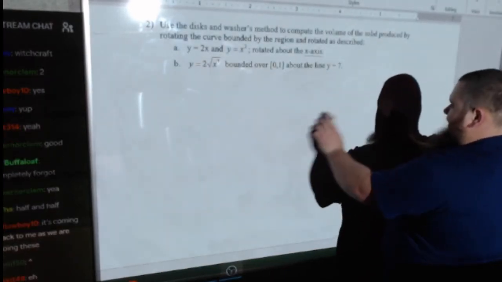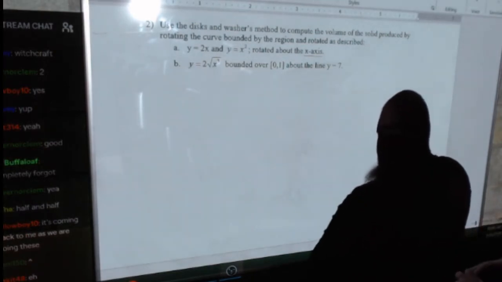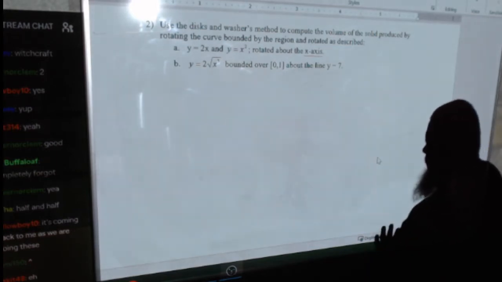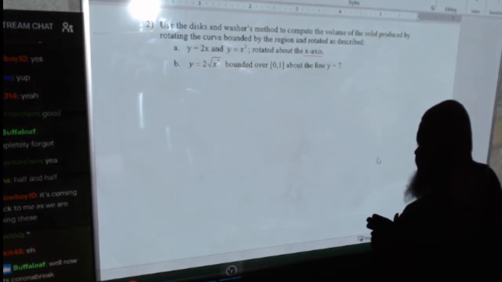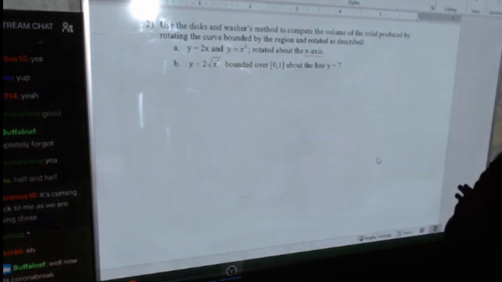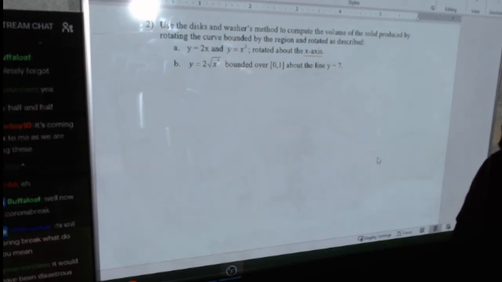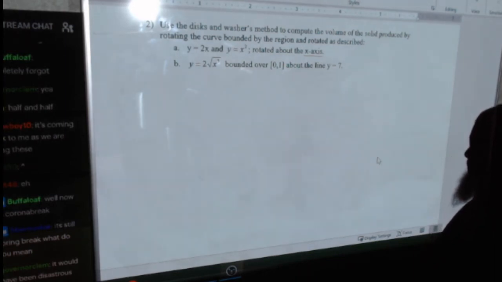Not just the fact that we can't come back to class, but all right, well, you guys have the whole weekend to prepare. Yeah, I called it coronavirus spring outbreak.